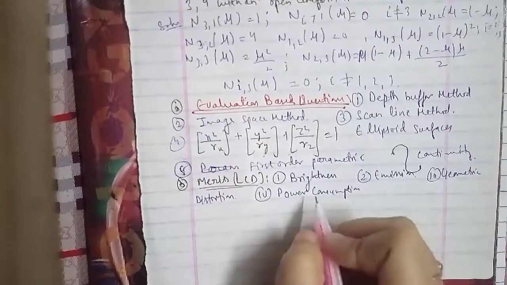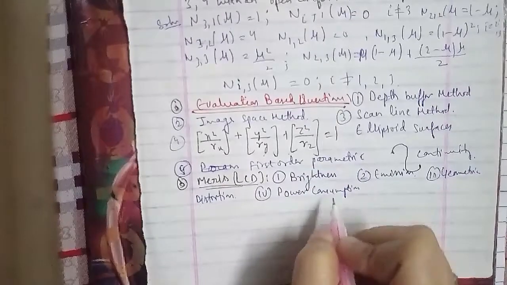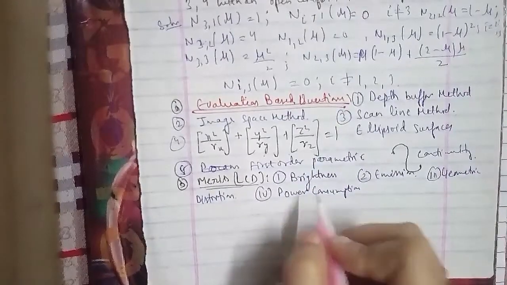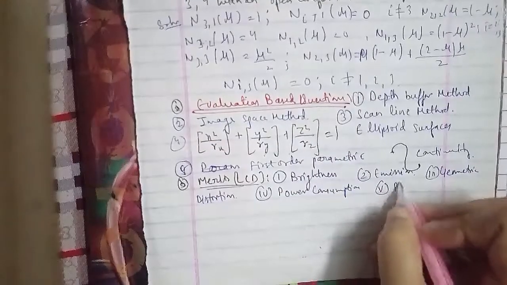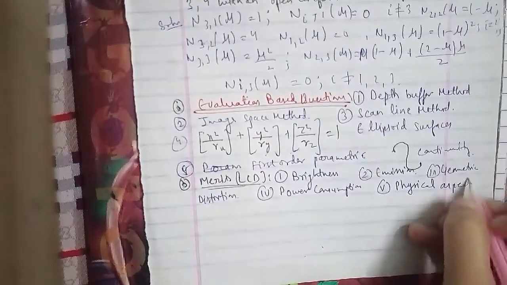So if they ask you about the merits of LCD, you can tell them there are 7 merits: brightness, emission, geometric distortion, power consumption, physical aspect, screen shape, and sharpness. Now we'll talk about the LCD demerits as well.